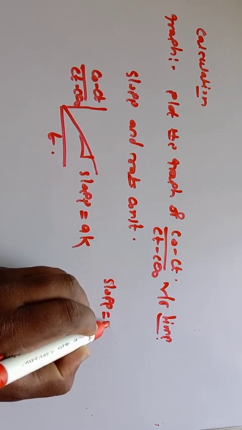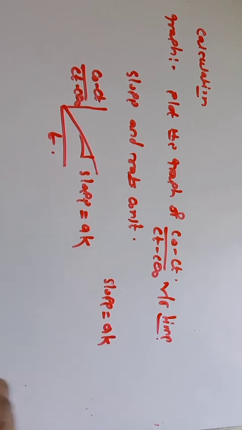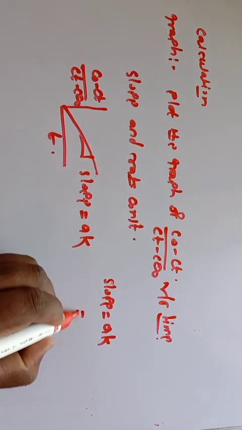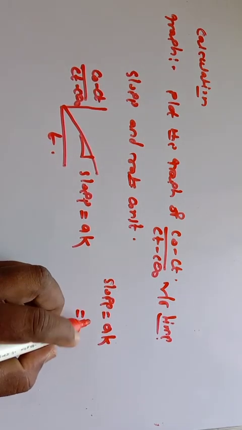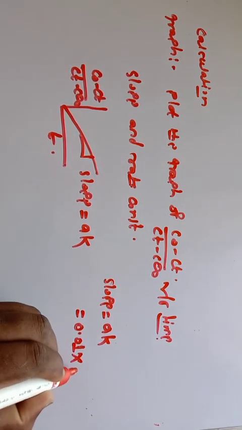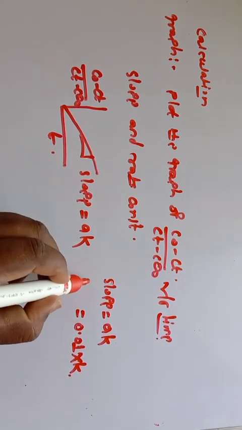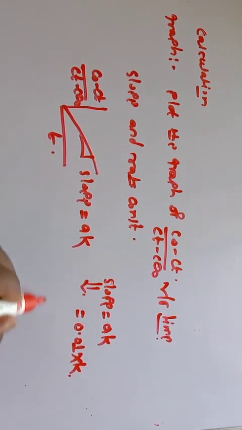Slope is equal to aK. The value of A is given, that is 0.01, into K, and the slope is also there, so we can easily find the K.